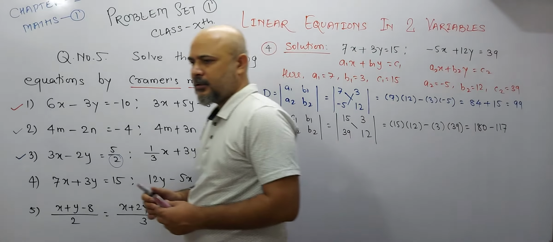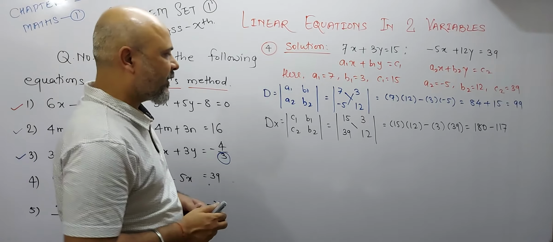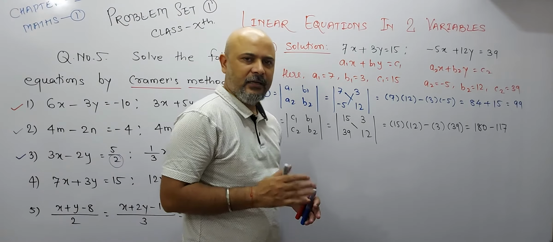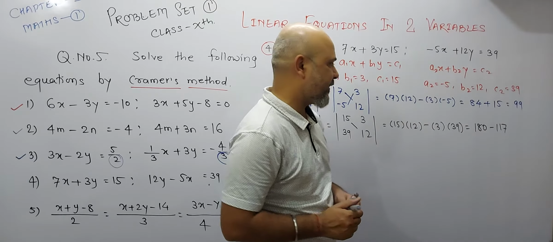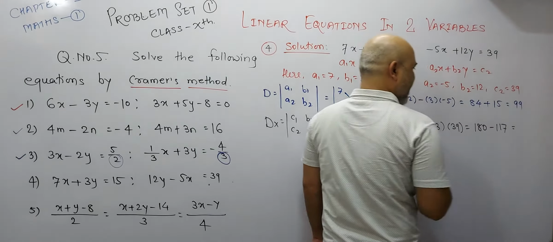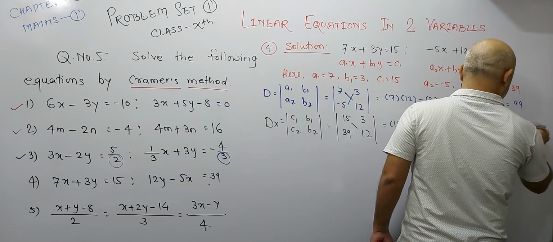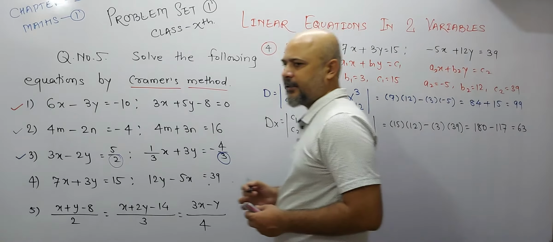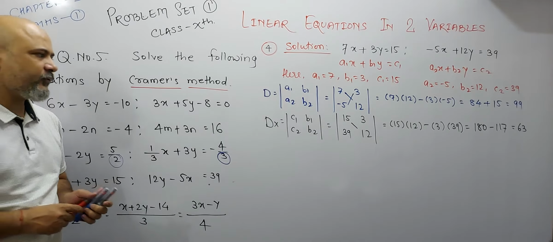Clear? So when you will multiply, 15 multiplied by 12 is 180, and when you will multiply, 39 multiplied by 3 is 170. So when you will subtract, you will get 63. Now we find the value of dy.